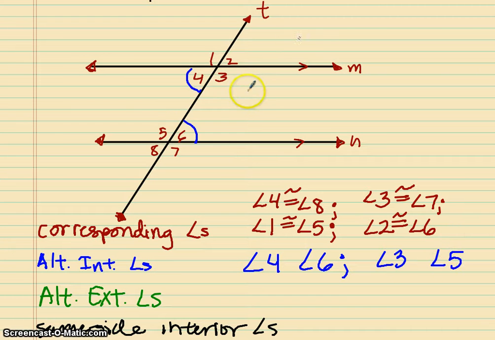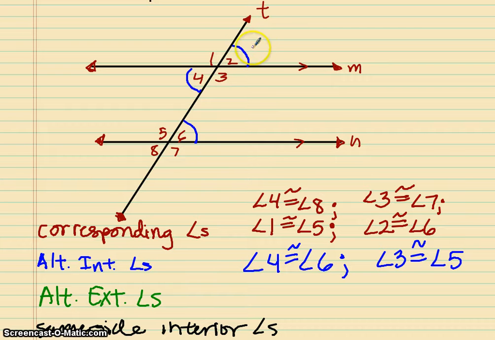Now, why are they congruent? Well, they're both acute, and we know that they're congruent. But why? If we look at what's happening here, we've got the vertical angles, and remember that 2 and 6 are corresponding angles, and therefore congruent. And 2 and 4 are vertical angles, and therefore congruent. So then we can squish that together: transitive property of congruence.